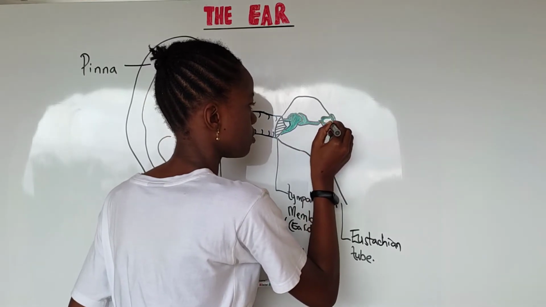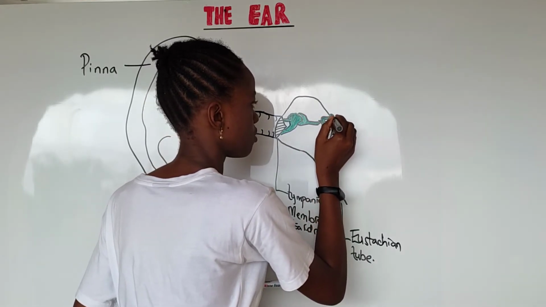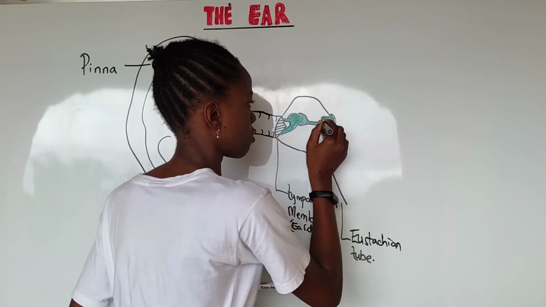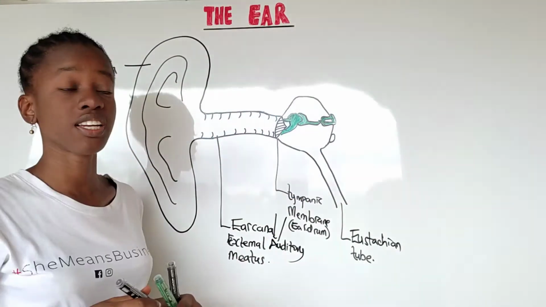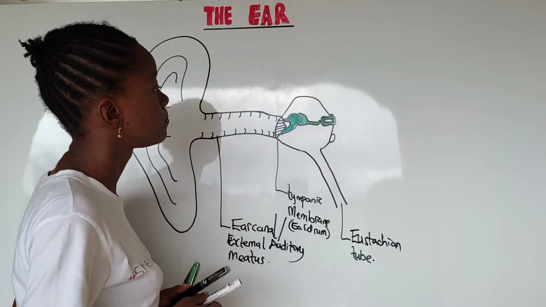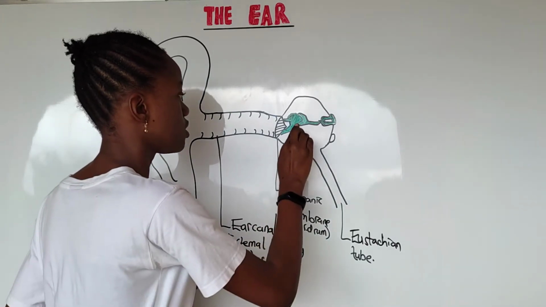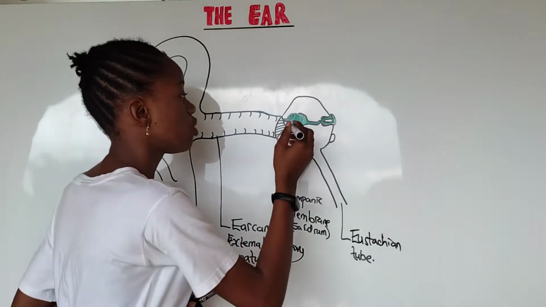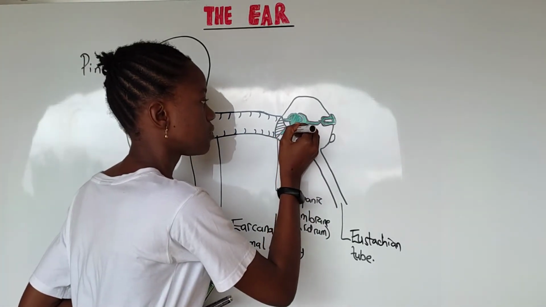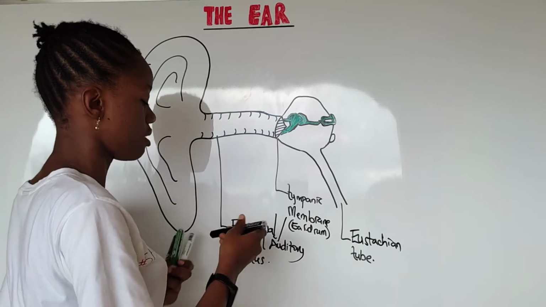These are the ear ossicles. As I said before, the first one is the malleus, and the malleus is also called the hammer.